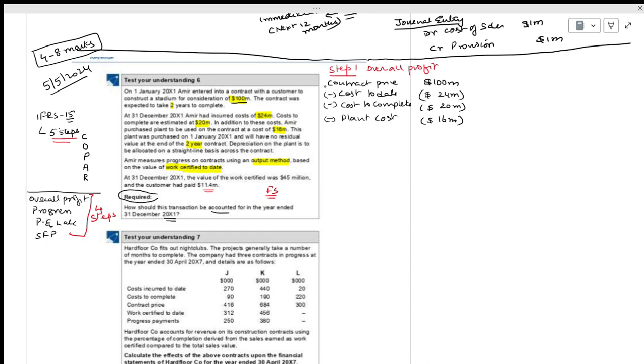Cost to date, cost to complete, and plant cost. How much will you get? 40 million. This 40 million is the overall profit.